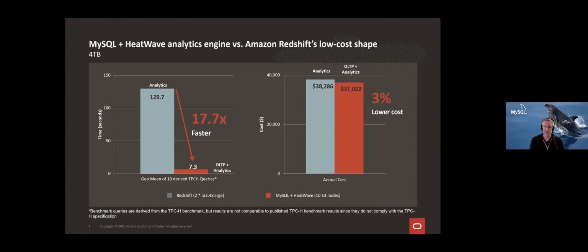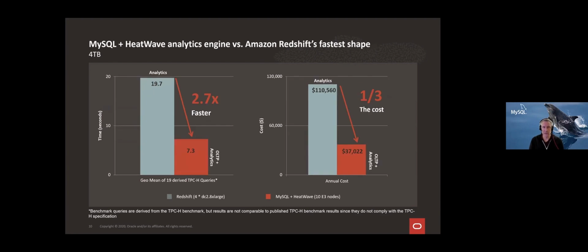So it's still 3% cheaper, just the single MySQL service in the Oracle Cloud, and it's close to 18 times faster than Redshift. But this is using the low cost. We were trying to compare on the cost. It's 18 times faster than the low cost Redshift.